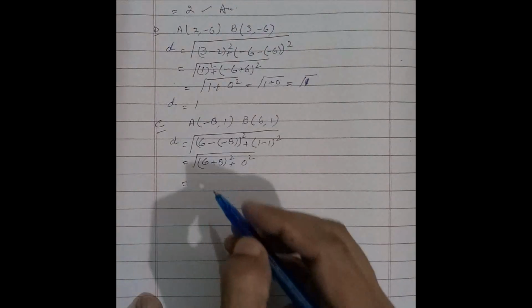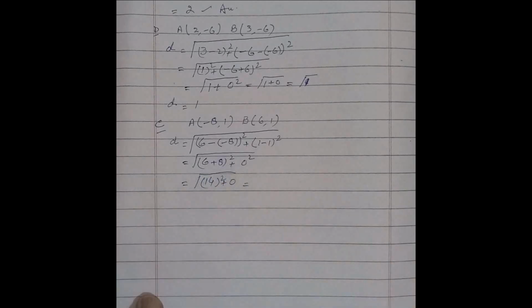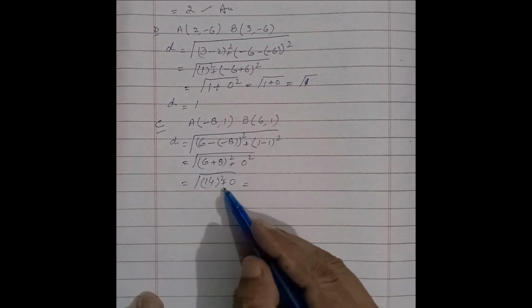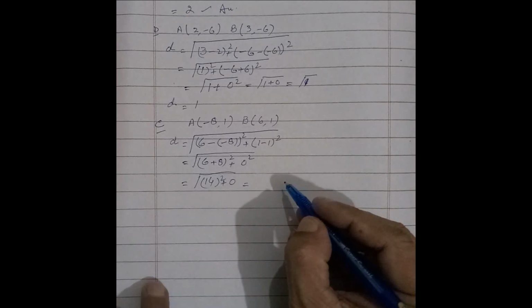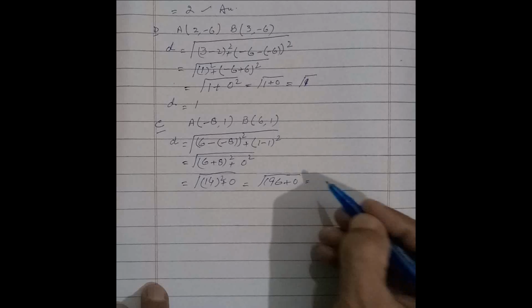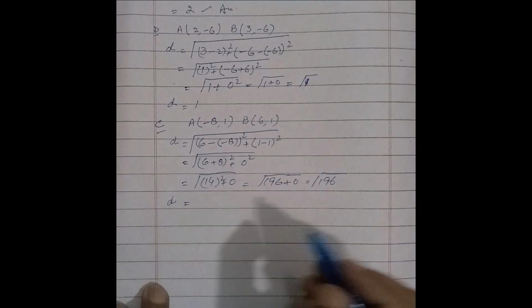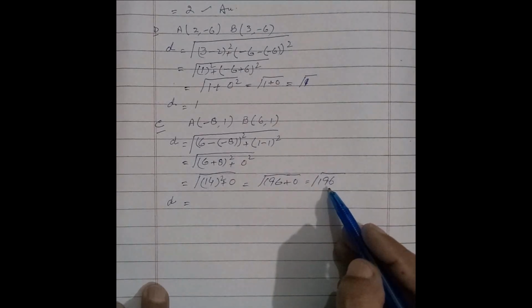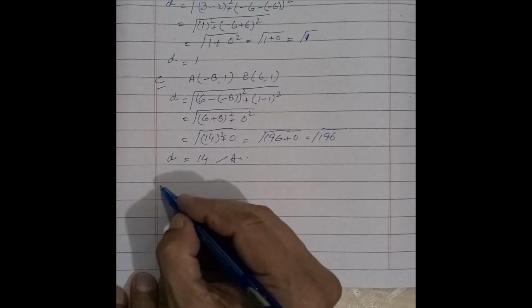The next is 6 plus 8 is equal to 14, 14 whole square plus 0, and 14 square is 196, square root of 196 plus 0, which is equal to square root of 196, and the distance between them is 14, the square root of 196, which is the answer of part C.